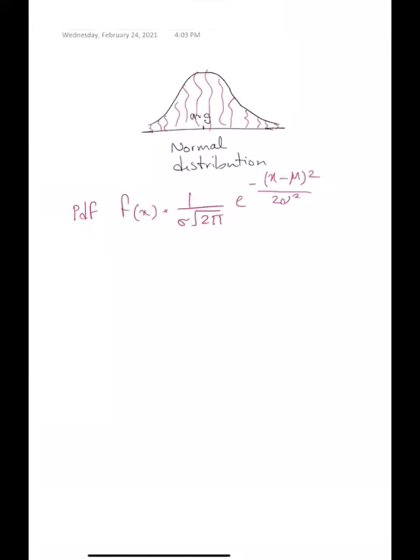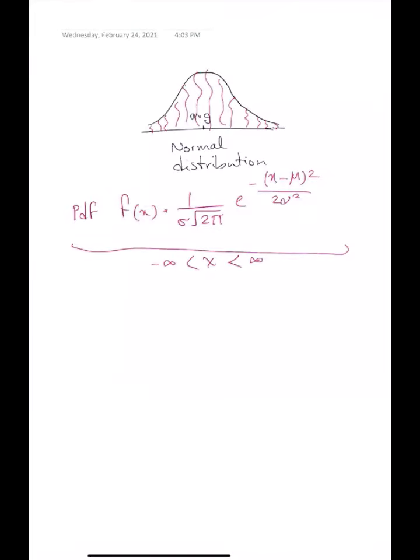Right. So this is the probability density function of the normal random variable, and the normal random variable usually goes from minus infinity to plus infinity.